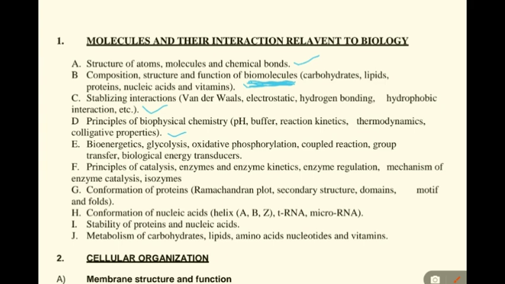Next is bioenergetics. In case of bioenergetics, we will learn about the basic processes like glycolysis, Krebs cycle, pentose phosphate pathway, and electron transport chain, that is HMP shunt or pentose phosphate pathway, all about that.